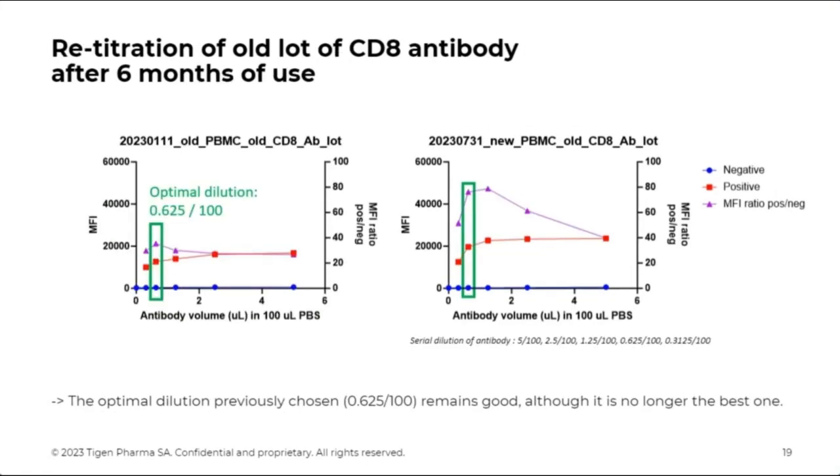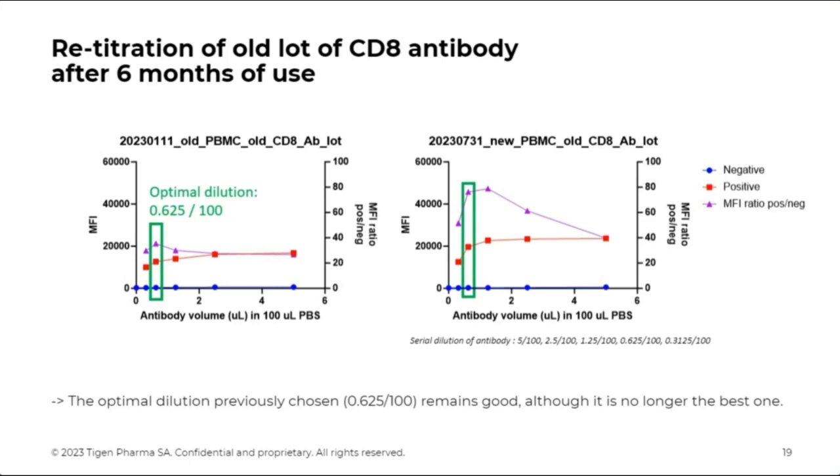We then took the same old lot of the antibody and we tested that on a different batch of the PBMCs later on, after 6 months of use. The graph to the left shows you the first titration where we had the 0.625 microliters. And the graph to the right shows you how it looked like in the new PBMC.